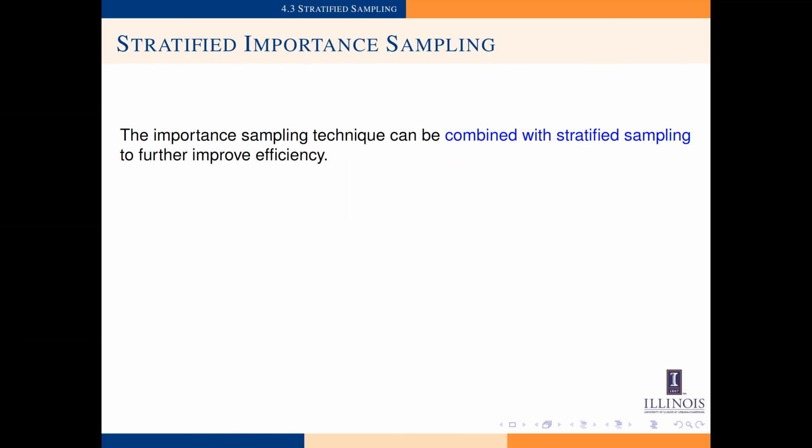So we have talked about 2 methods for improving the efficiency of our Monte Carlo estimators. The first is importance sampling and the other is stratified sampling. These 2 can actually be combined together. The importance sampling technique can be combined with stratified sampling to further improve the efficiency of theta hat.